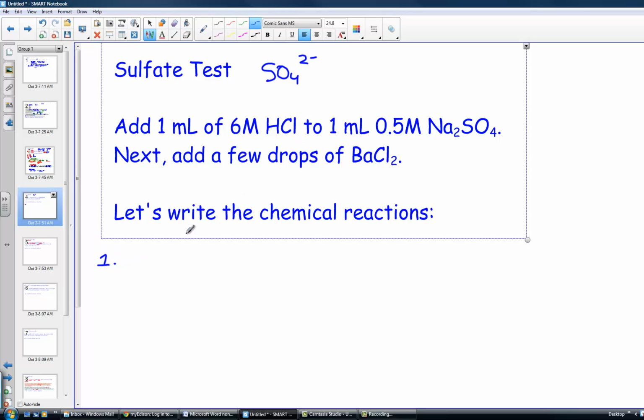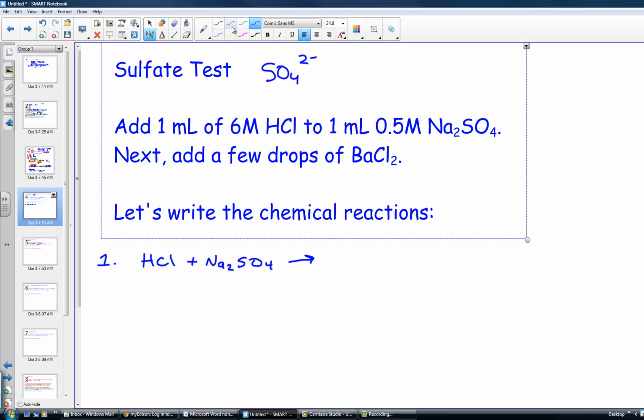We're going to take hydrochloric acid as my first reactant, and I'm going to add that to sodium sulfate, Na2SO4. Alrighty, my first set of experiment here, HCl reacting with sodium sulfate.